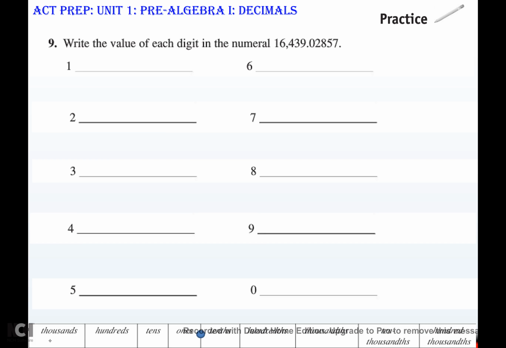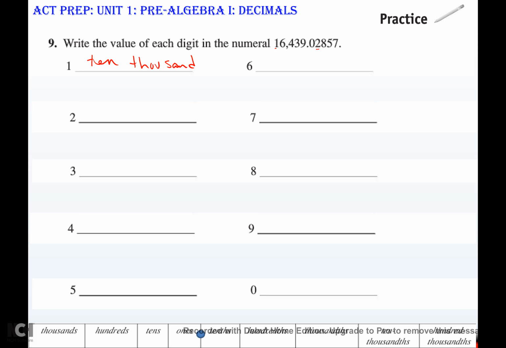Alright, so this one, they want us to write the value of each digit in that numeral, in that number. Alright, so the 1 would be in the 10,000s place, so this would be worth 10,000.